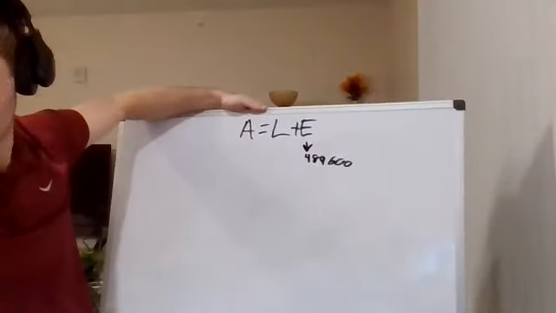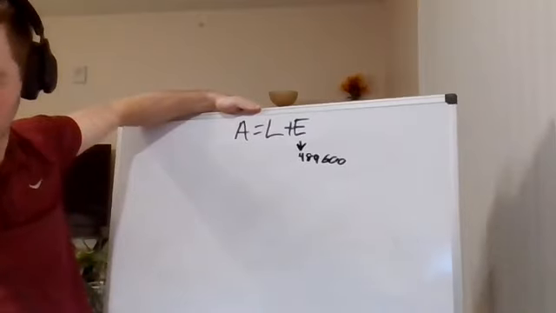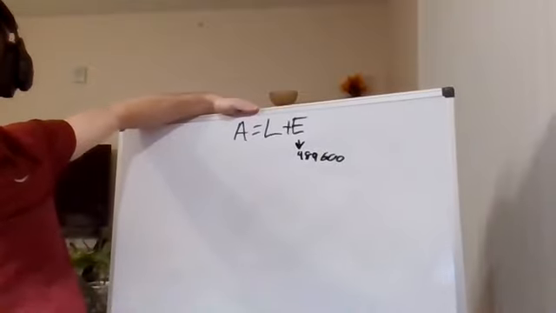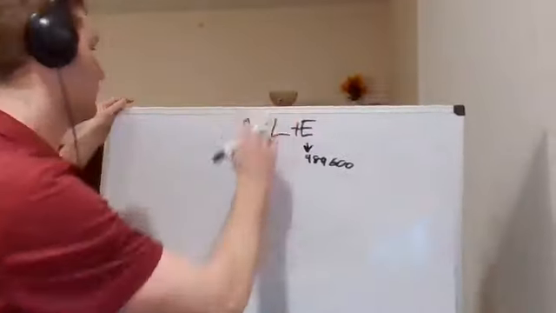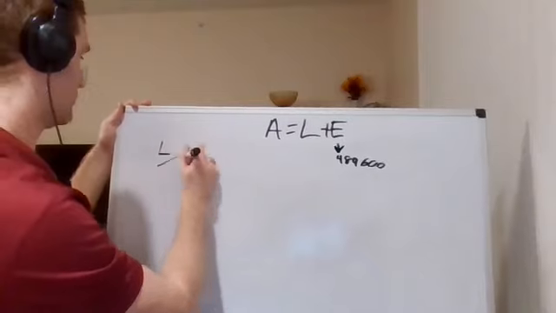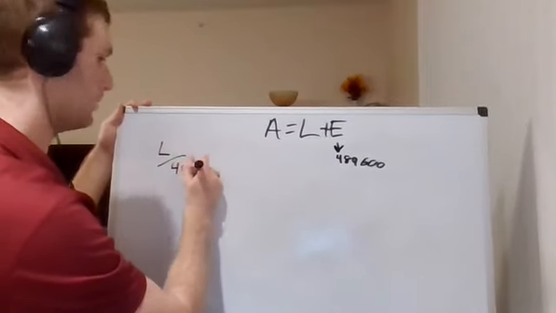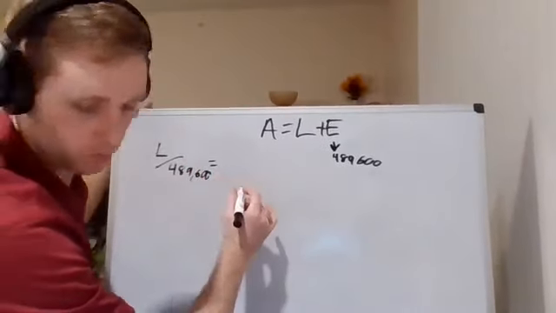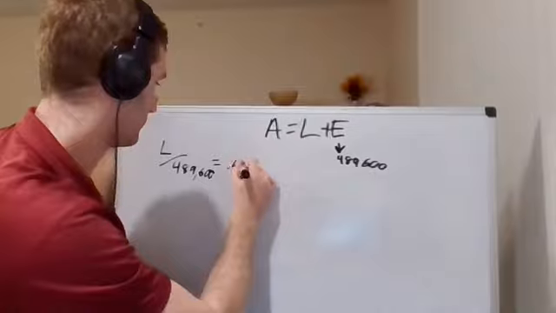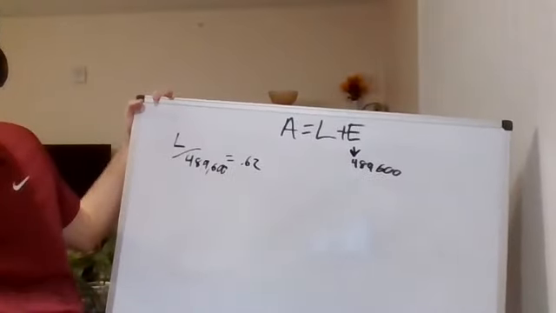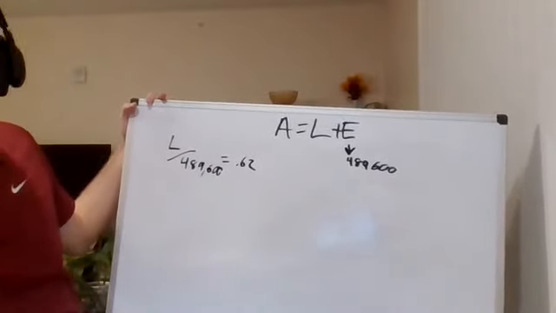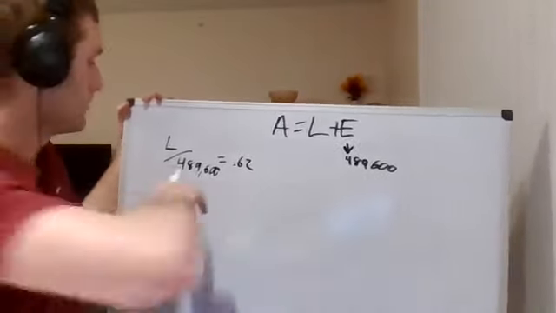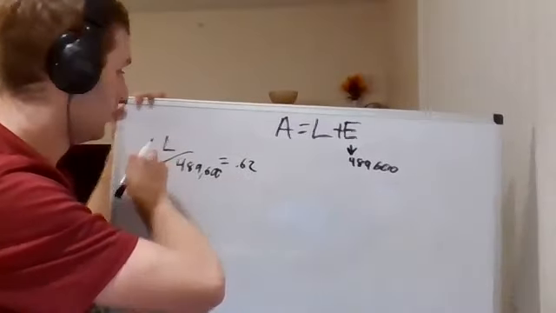So my debt to equity ratio is total liabilities over total equity, which tells me that liabilities divided by 489,600 equals 0.62. So we solve for our liabilities.